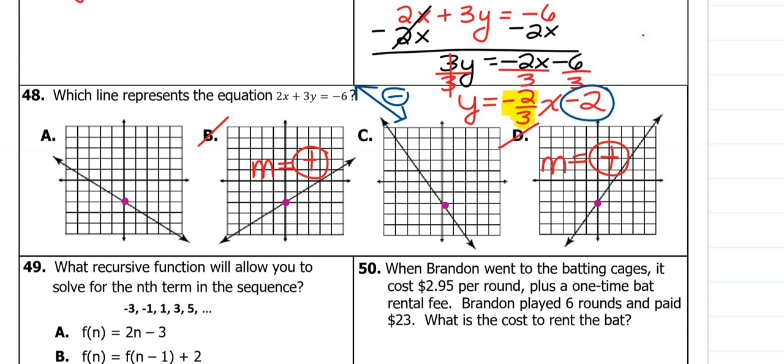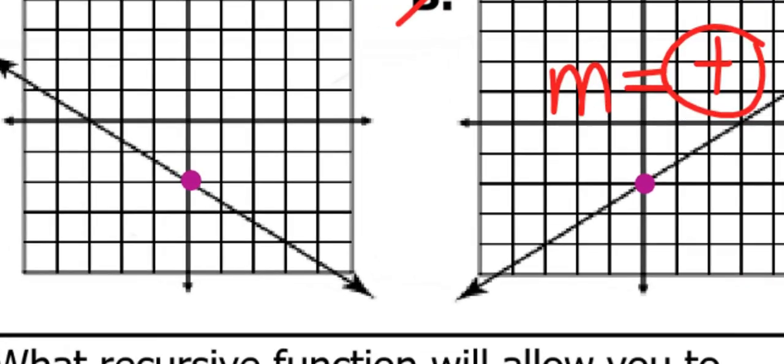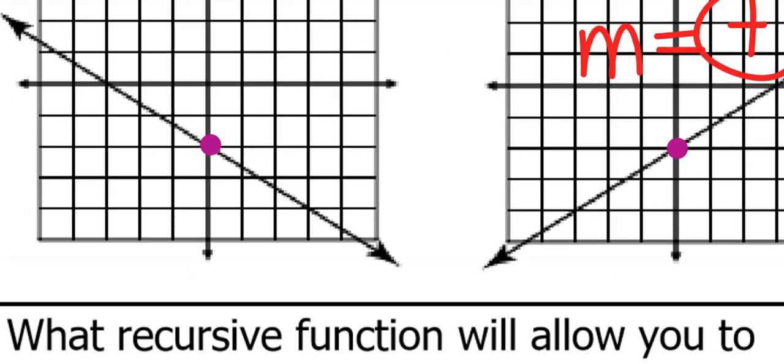So let's focus in on our slope of negative 2/3. Negative 2/3 means that the rise, the vertical, is 2, and then the horizontal is 3. Since it's negative, it's going down. So I'm going to zoom in on these graphs and see which of these have a 2/3 slope. The way you would figure it out is you pick two good points.